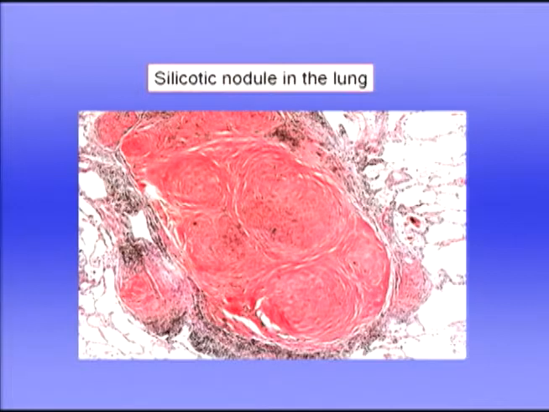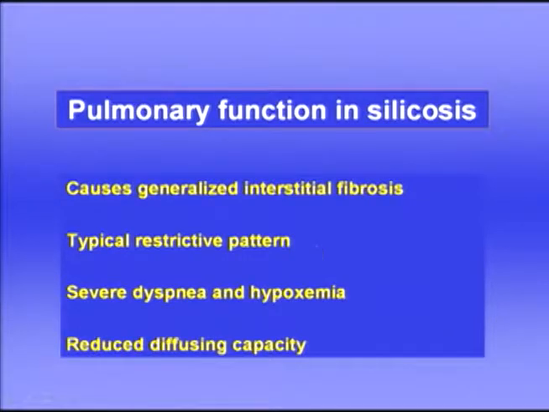Here's a beautiful image of a silicotic nodule in the lung. Look at these tremendous whorls of dense fibrous tissue provoked by the silica. I mean, it's obviously a highly toxic reaction that's occurred. The pulmonary function in silicosis is that it causes a generalized diffuse interstitial fibrosis.